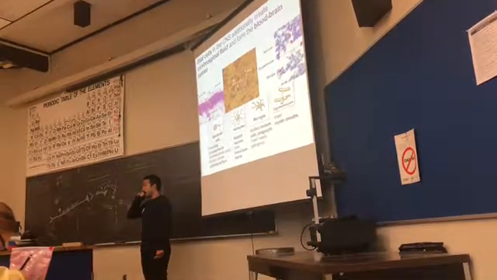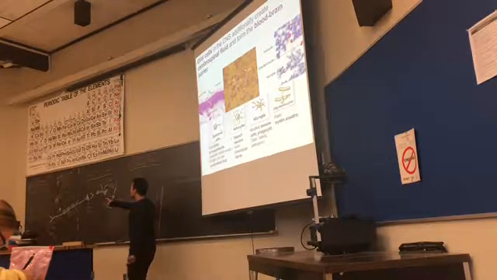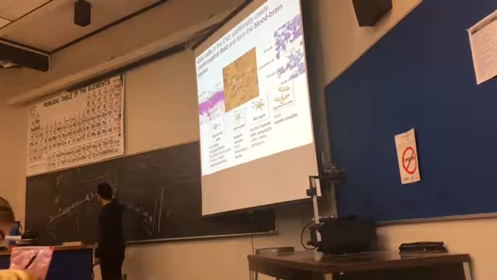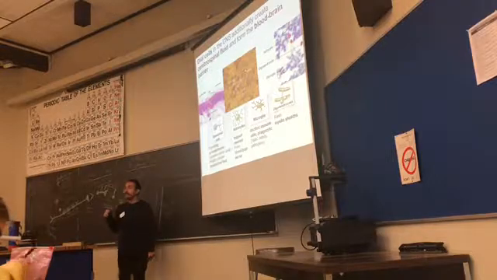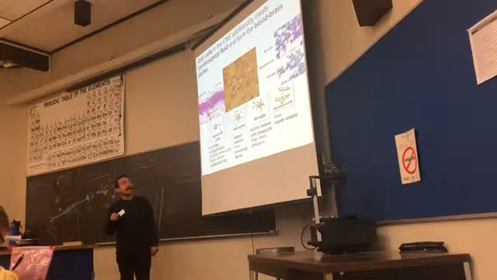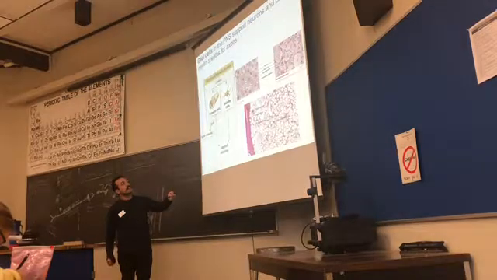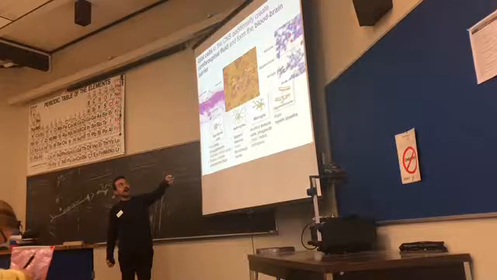Oligodendrocytes are a cell that send out extensions that wrap around sections of the axon.